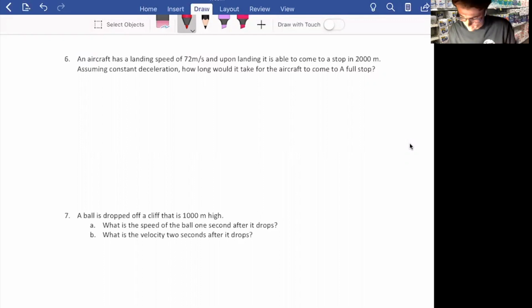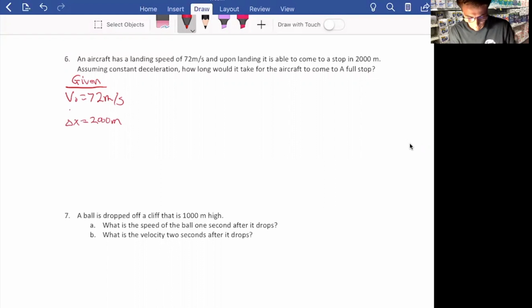Okay, so givens, right? What are our givens? Landing speed is 72. So our initial velocity is 72 meters per second. And it's able to come to a stop in 2,000 meters. So we'll say our displacement is 2,000 meters.